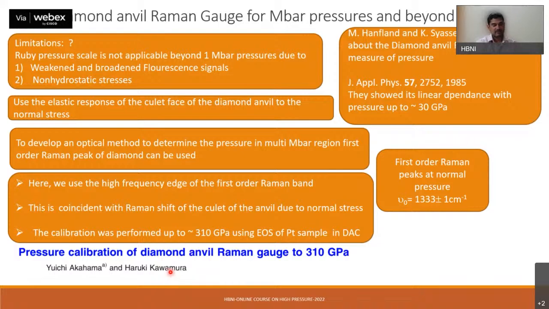They published a famous paper on pressure calibration of diamond anvil Raman gauge to 310 GPa. So up to this 300 GPa, people use this calibration scale of Raman shift. And the advantage in this scale is you are using the diamond itself, so you are not using any other thing which you have to put inside your sample chamber.